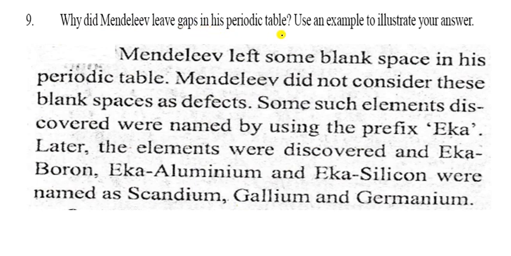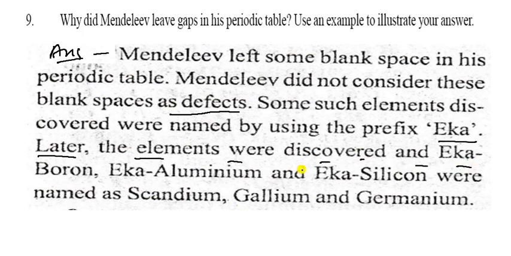Why did Mendeleev leave gaps in his periodic table? Use an example to illustrate your answer. So this is your answer. You have to write in your copy. Mendeleev left some blank spaces in his periodic table. Mendeleev did not consider these blank spaces as defects. Some such elements discovered later were named using the prefix eka.